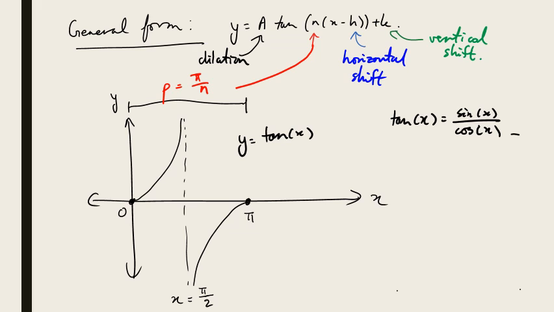For that reason, you might notice that cos of x cannot be equal to 0. So whenever cos of x is equal to 0, it's an asymptote. Just keep that in mind because we need to use that to find stuff later on.